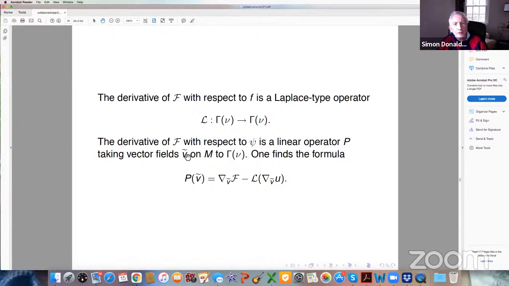If we have such a vector field, v tilde, some compactly supported vector field, then the derivative, we're writing as p, it works out from the way we set things up, one arrives at the following formula: the derivative is given by differentiating the value of f that we have along v, and then subtracting off the linearized operator applied to the derivative of u along this vector field v.